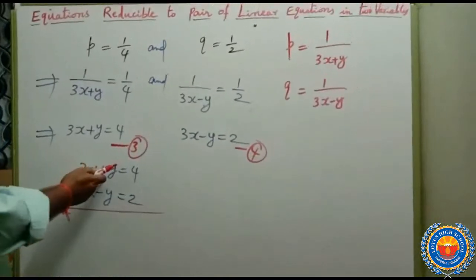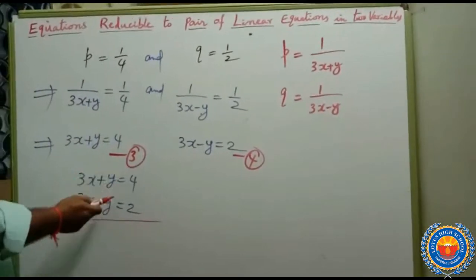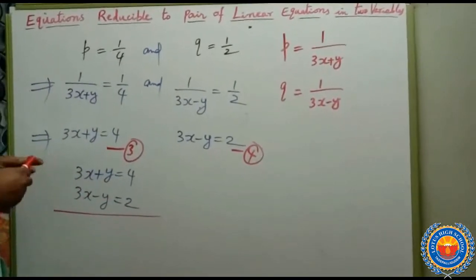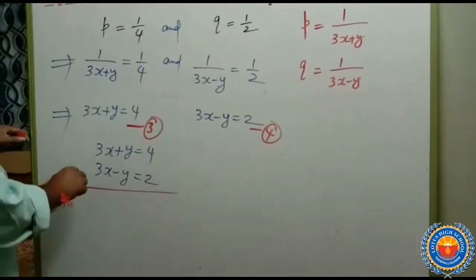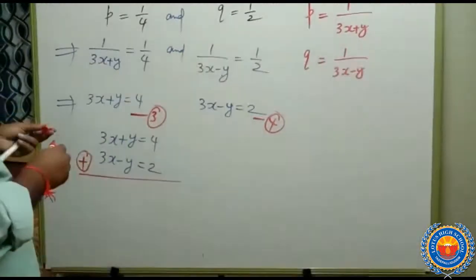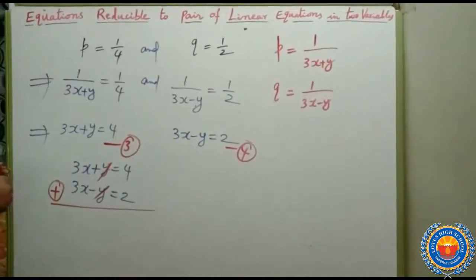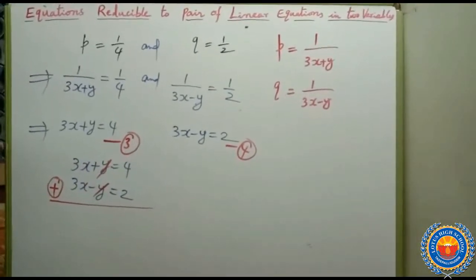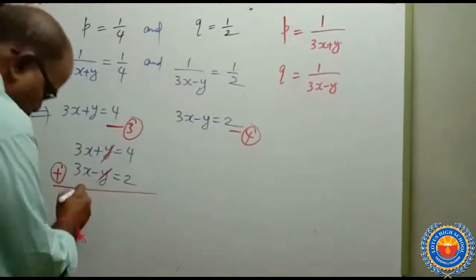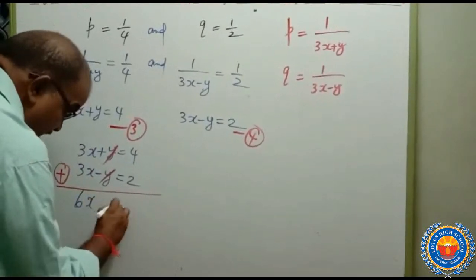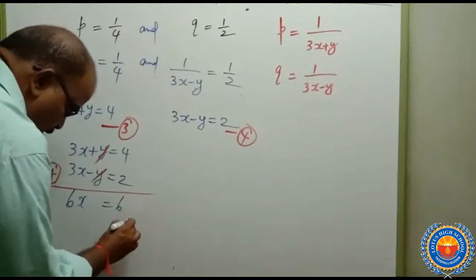Here plus 1y and minus 1y, that's why I am adding, and they will cancel, 0. That's why 3x plus 3x is equal to 6x is equal to 4 plus 2 is equal to 6.